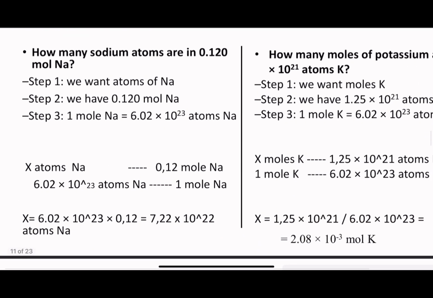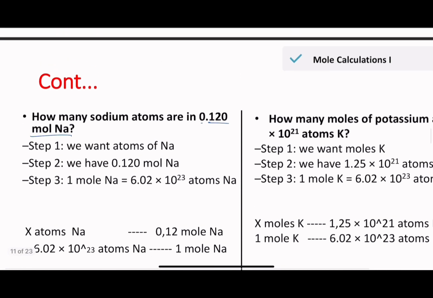Now it's asking us how many sodium atoms are in this many moles of sodium. I told you the formula. We have n equals N given over Na, which is Avogadro number. This is the number of given particles, the capital N. So now it is asking us for the capital N, which is n multiplied by Na. And you know that 0.12 is given to you, and Na is 6.02 times 10 to the power of 23.